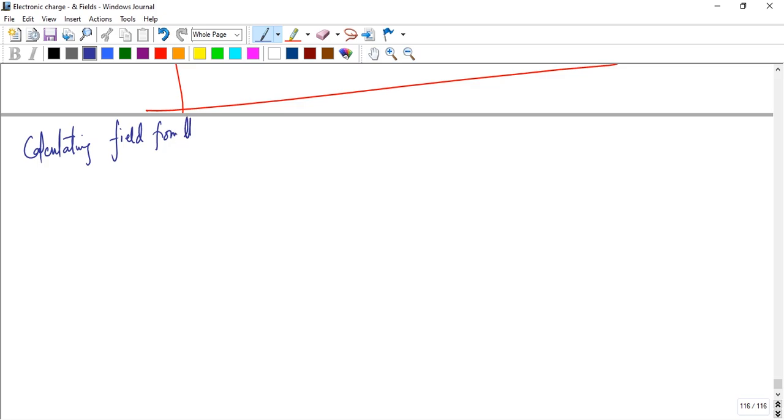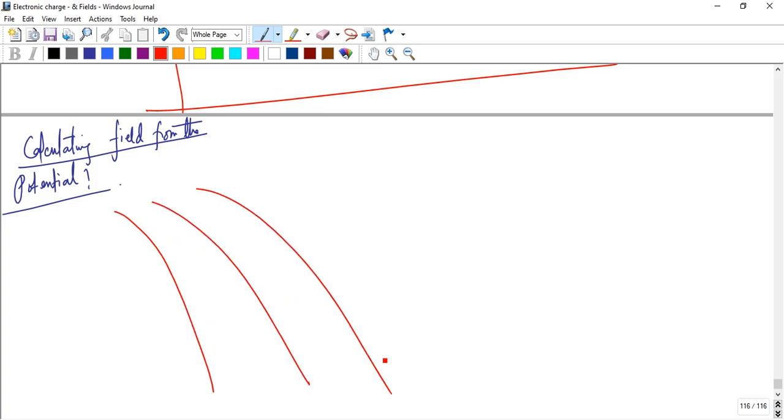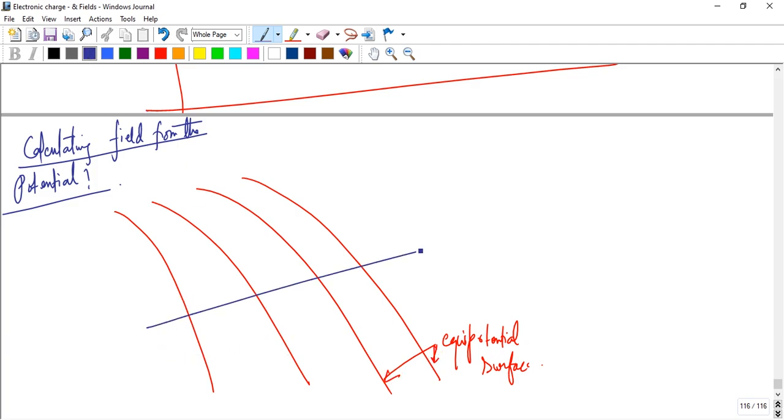You choose a potential surface, like these. These are the equipotential surfaces.